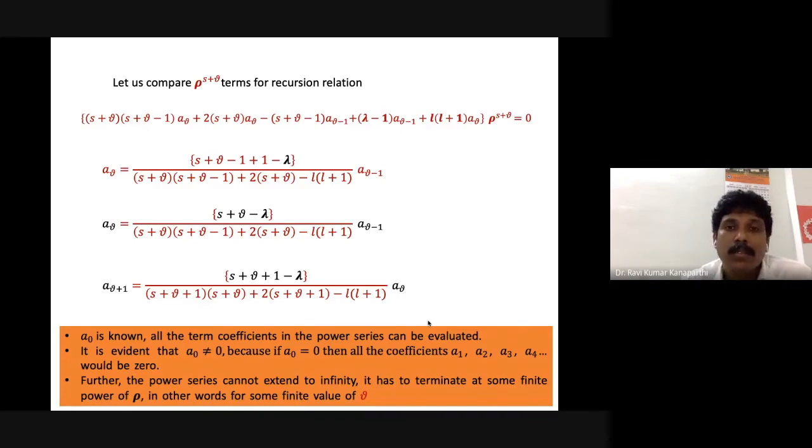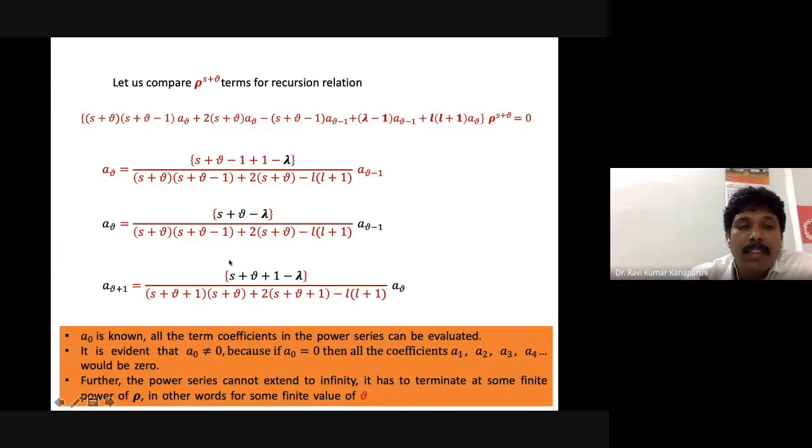According to our definition, all the terms of the infinite power series basically become zero, which means the coefficients must be equal to zero. So you can take the summation of all the coefficients of rho to the power s plus nu, which I consider as a general term coefficient, and then we will get this.